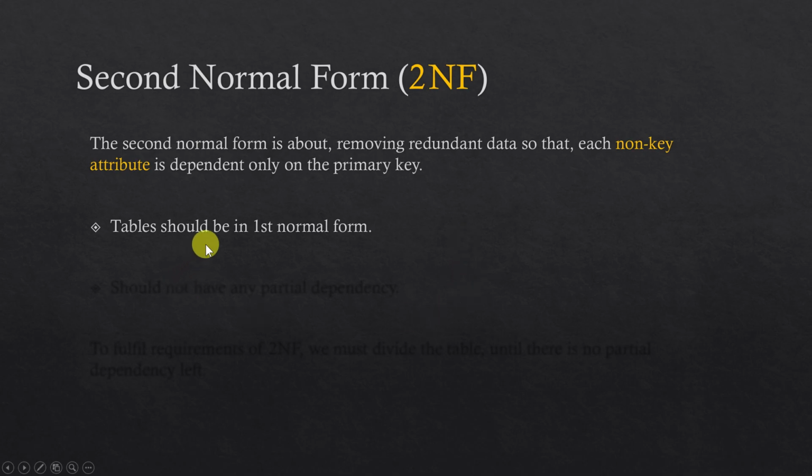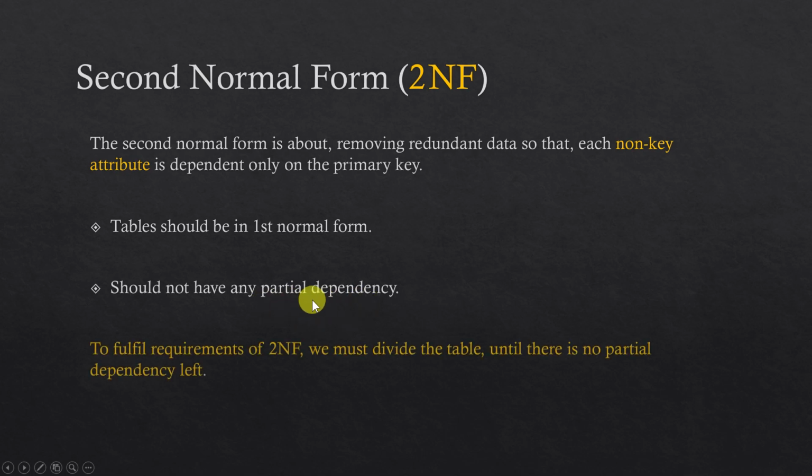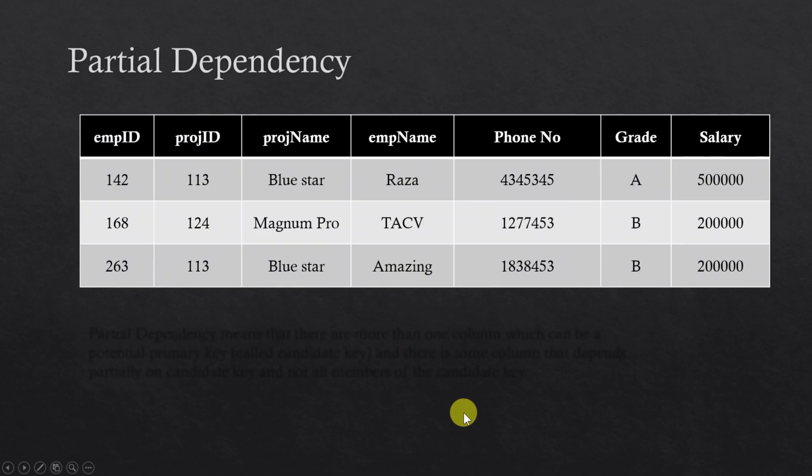The requirements of second normal form are that it should already be in the first normal form, and it should not have any kind of partial dependency. We need to learn what partial dependency is. To fulfill the requirements of this normal form, we must divide the table until there is no partial dependency left.